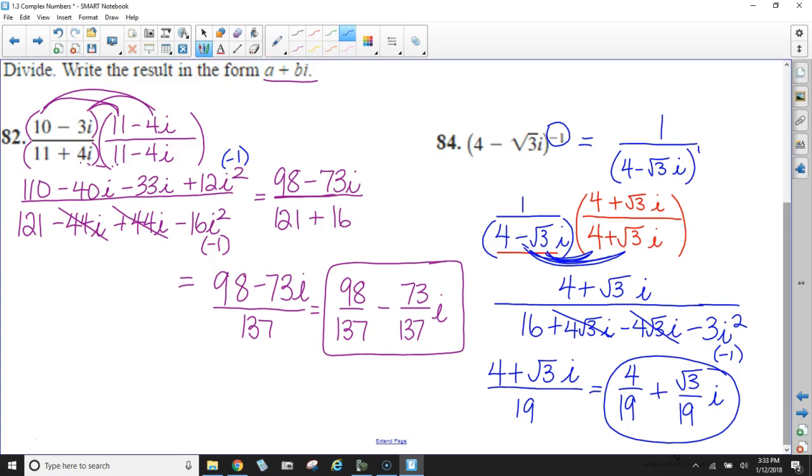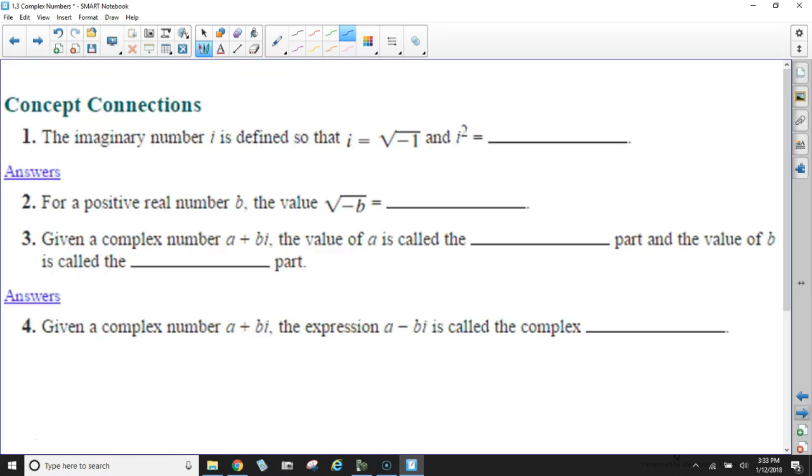The last thing in this section is to fill out the blanks for the concept connections. The imaginary number i is defined so that i is equal to the square root of negative 1 and i squared is equal to negative 1.